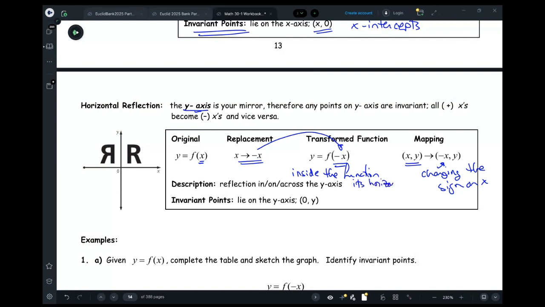It's causing a horizontal change to the graph here. And just like before, when that x-coordinate is 0, putting a negative in front isn't going to change anything. So it means all of our invariant points are going to look like this, 0 comma y, and those correspond to y-intercepts. Okay, so now let's take a moment and look at some examples.